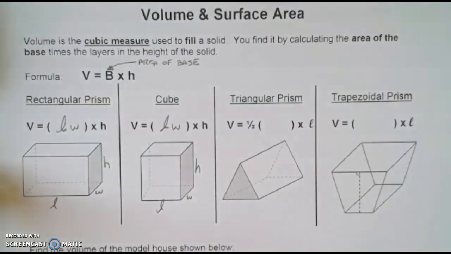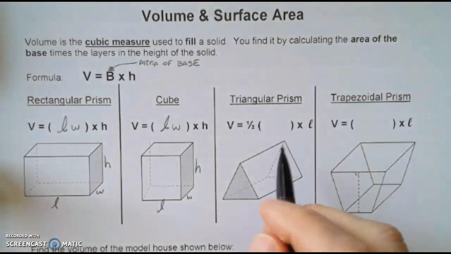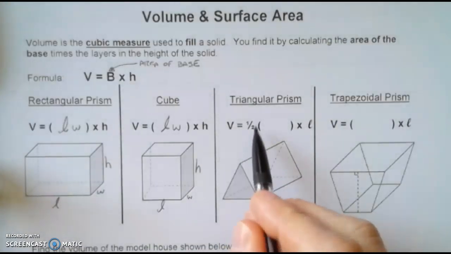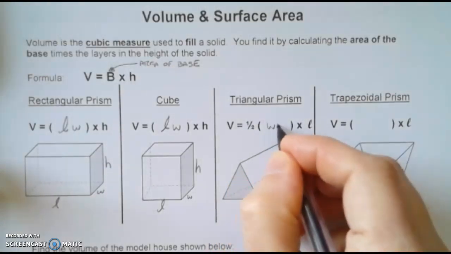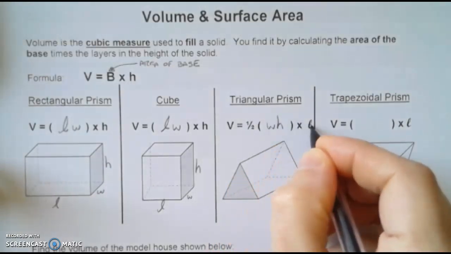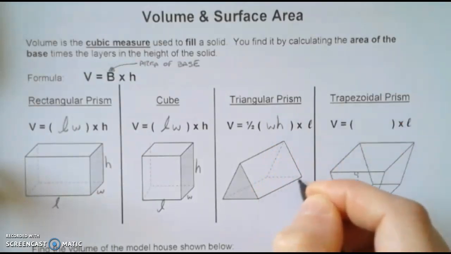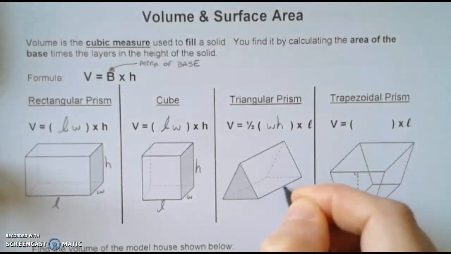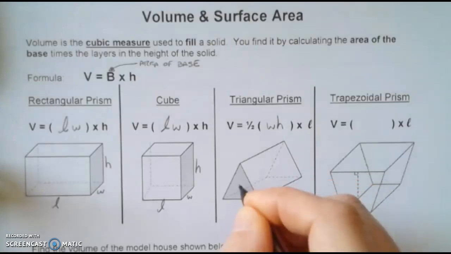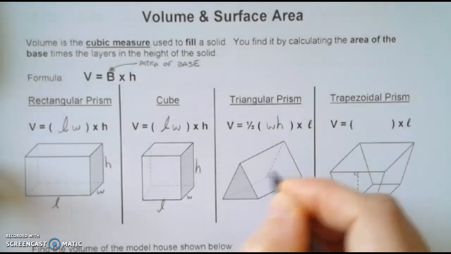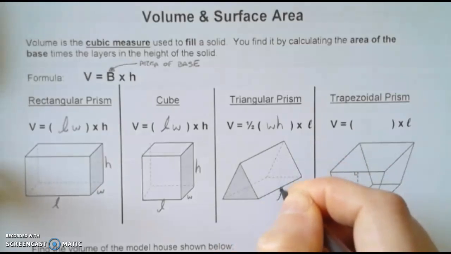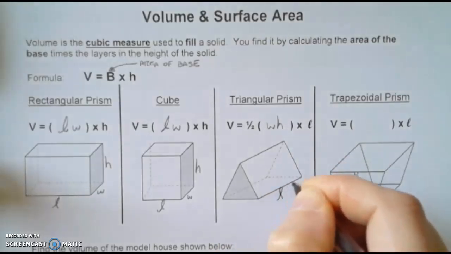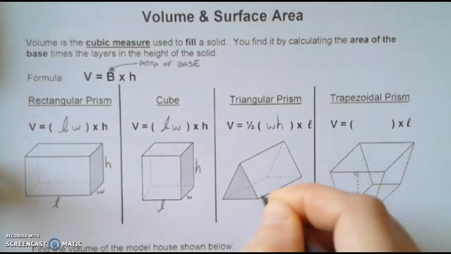If you're working with a triangular prism, it's going to be 1/2, because we're working with a triangle, multiplying the width times the height times the length. Remember, the length is the segment that connects the two faces that are the bases together. The faces that are the bases are the triangles because they're parallel to each other. So the length is going to be this segment that connects the two bases.